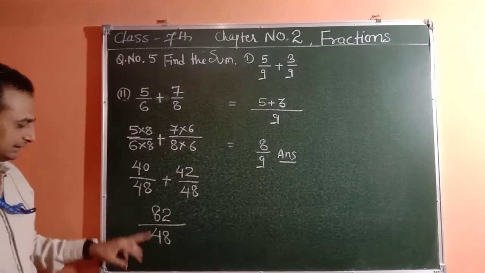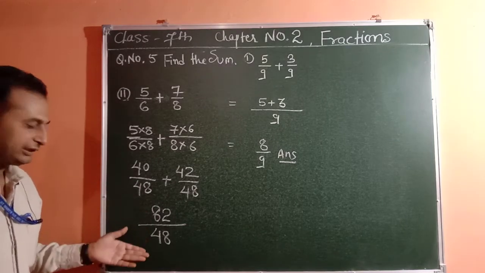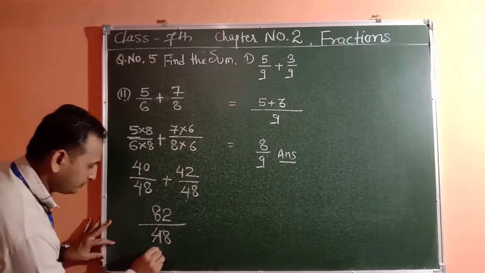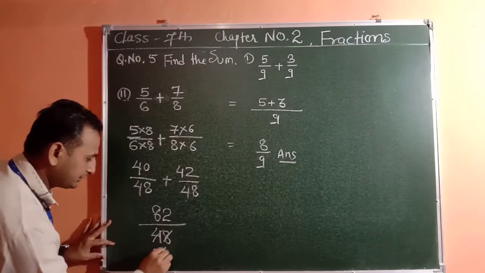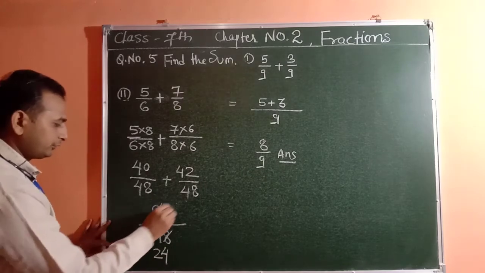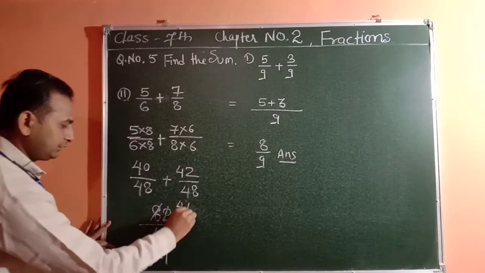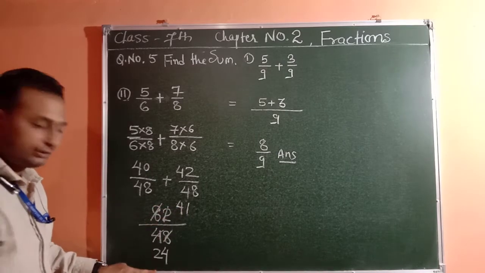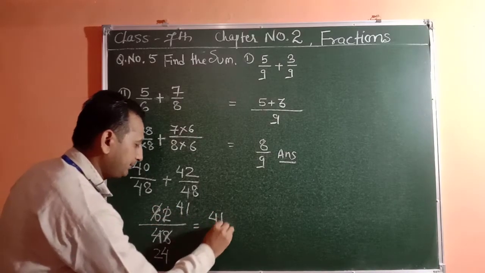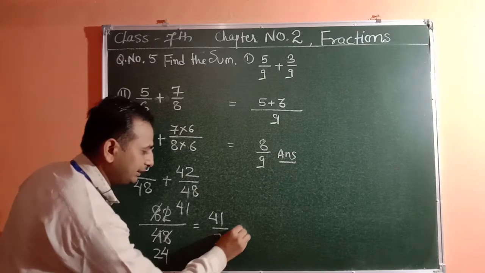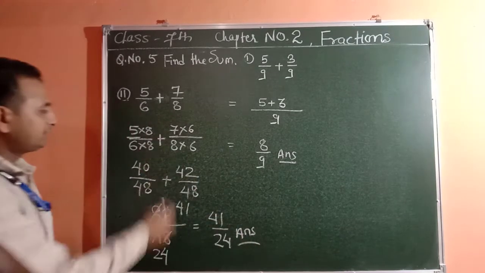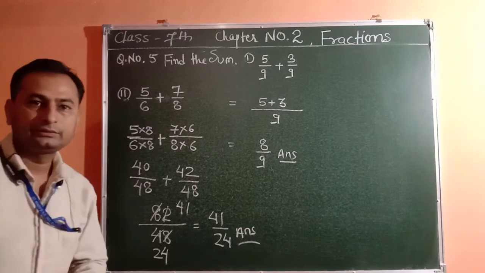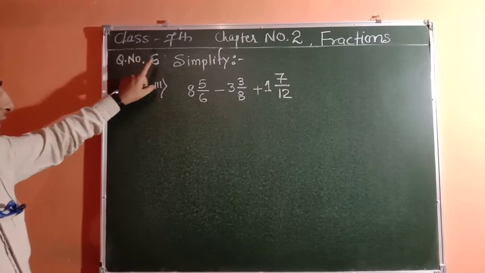Both numerator and denominator are cancelled by 2. 2 twos are 4 and 2 fours are 8. 2 fours are 8 and 2 ones are 2. Finally you will get 41 upon 24. That is your final answer. This is the method for adding two different denominators. Now move to our next question.